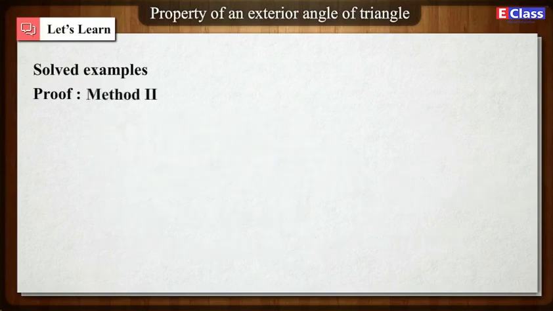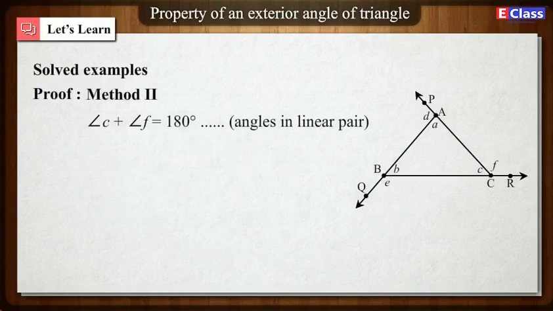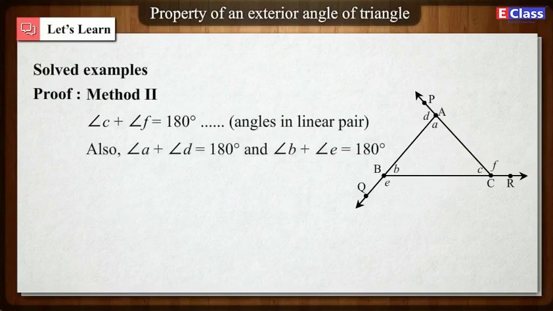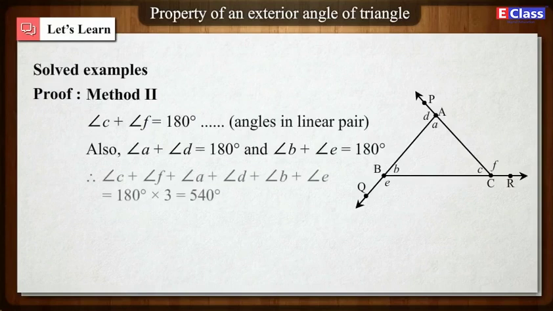Method 2. Angle C plus angle F is equal to 180 degrees, as they are angles in linear pair. Also, angle A plus angle D is equal to 180 degrees, and angle B plus angle E is equal to 180 degrees.